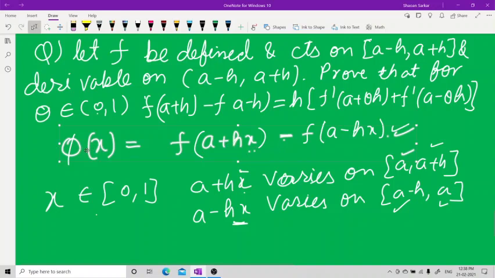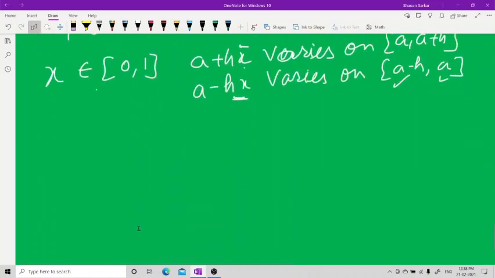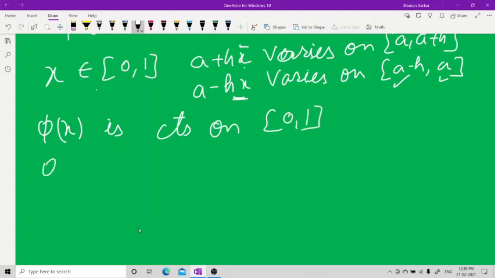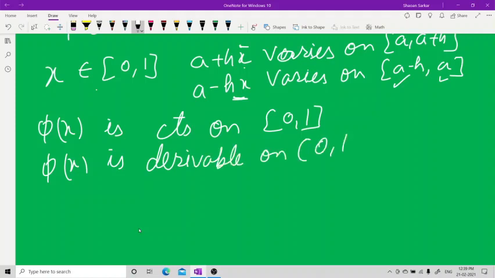So this function phi x is continuous as well as differentiable on this interval. Now phi x is continuous on 0 1, and phi x is derivable on the open interval 0 1.